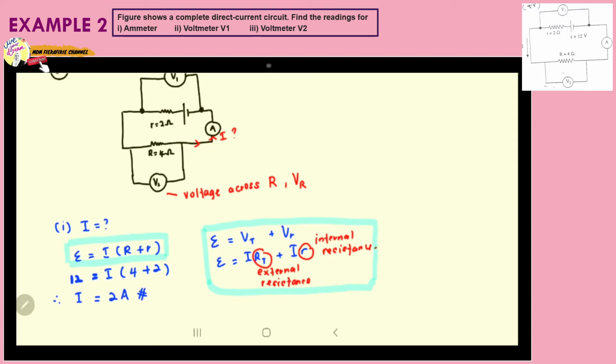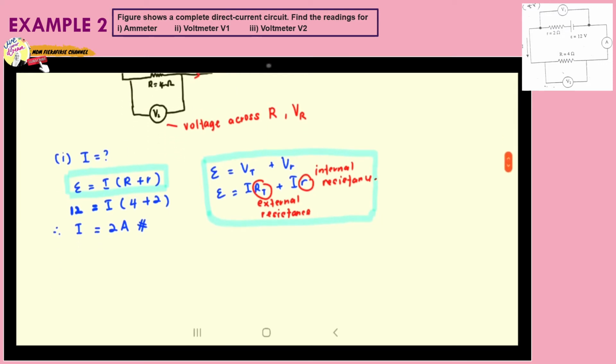The ammeter shows the reading of current, therefore the reading of the ammeter is equal to 2 ampere.